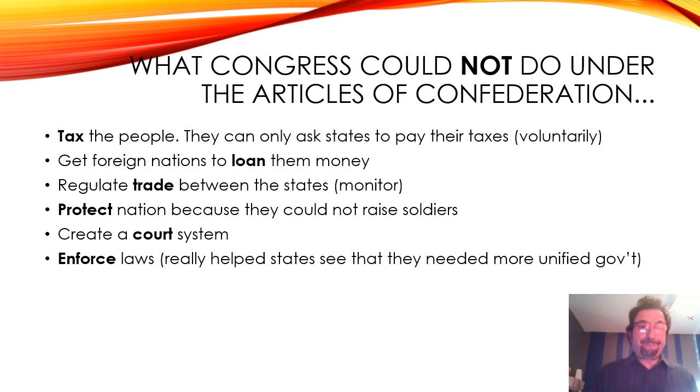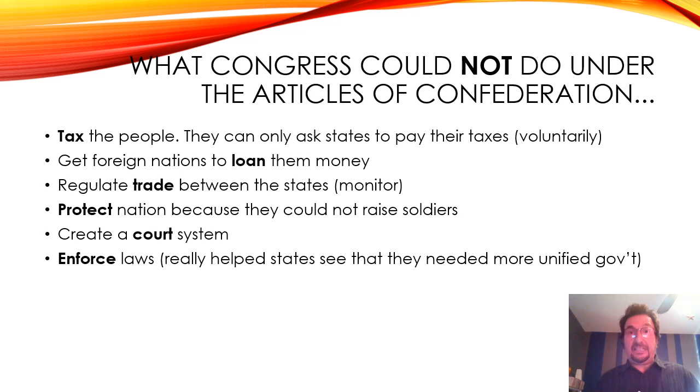Our next slide: what Congress could not do under the Articles of Confederation. Note, there are 6 things listed. If you look at your paper, there are 6 bullet points. From 1781 to 1789-ish, America was under the Articles of Confederation.